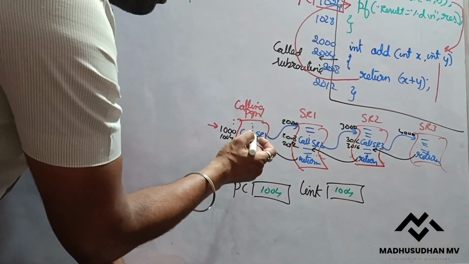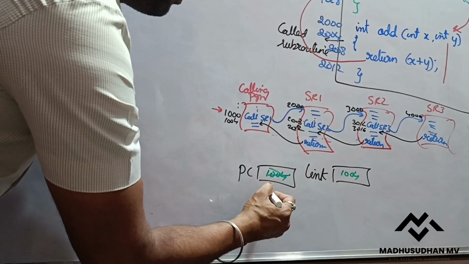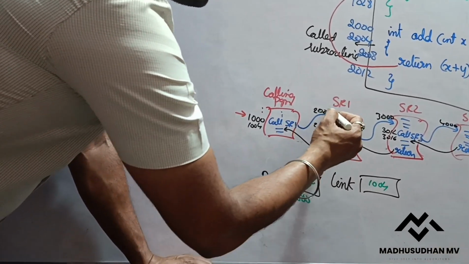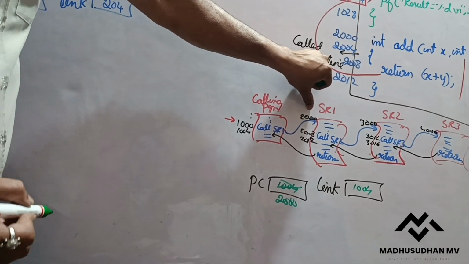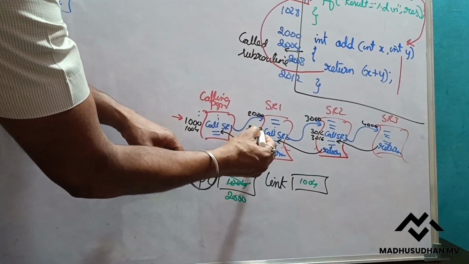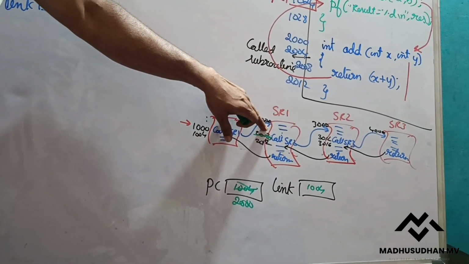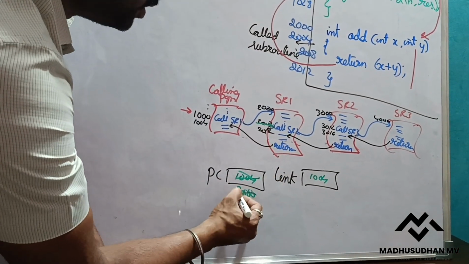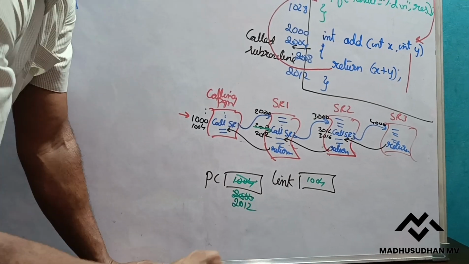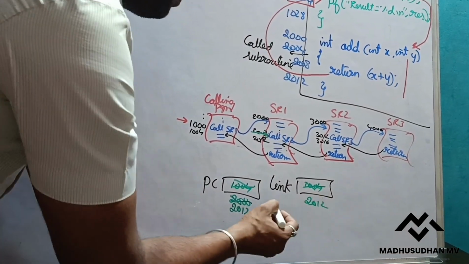Now the starting address of subroutine 1, 2000, will be loaded into the program counter. Now control goes to 2000. After executing these statements, assume I am executing this statement. The program counter contains 2012, and that will be pushed into the link register.